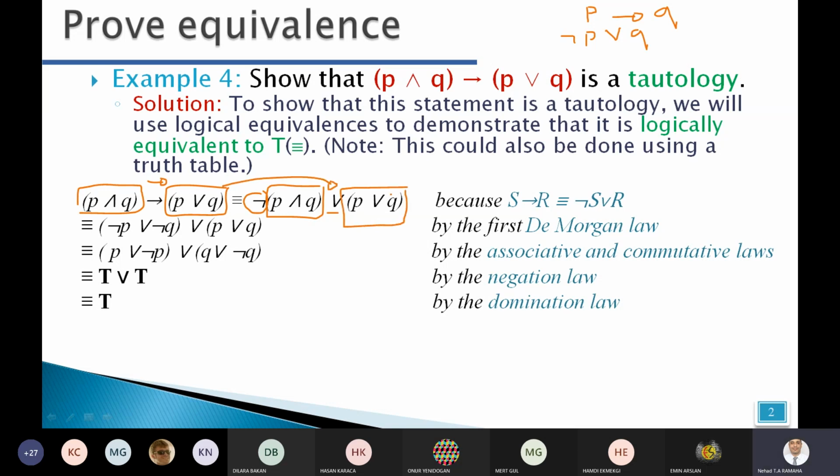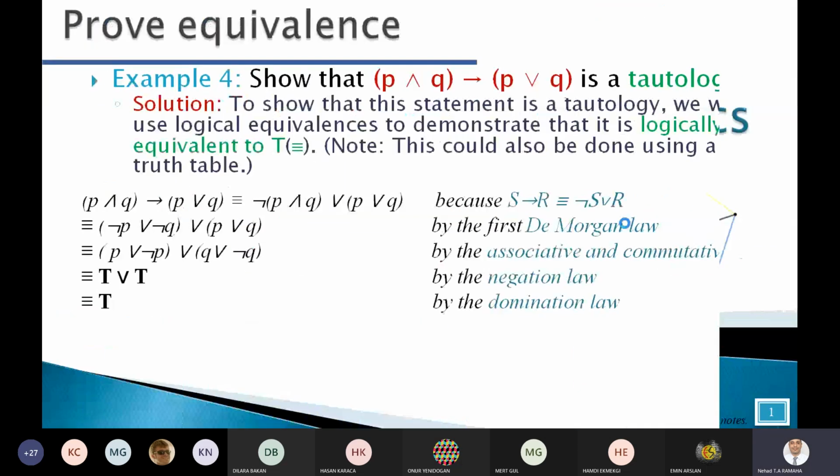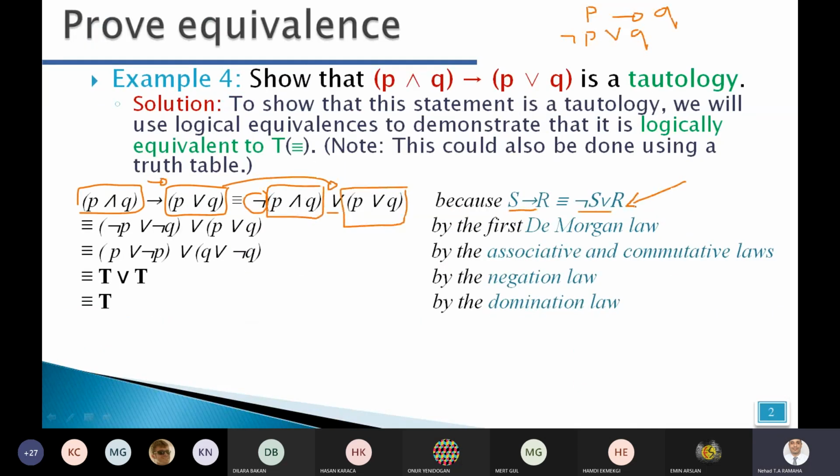Then using this rule. Okay, if you forget the name of the rule, especially in the proof, for implication, you can write it like this, because I have this rule: S implies R is logically equivalent to not S or R.